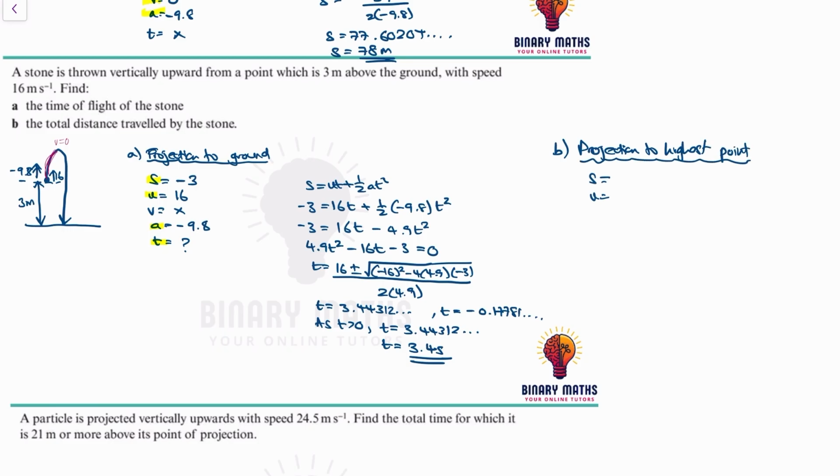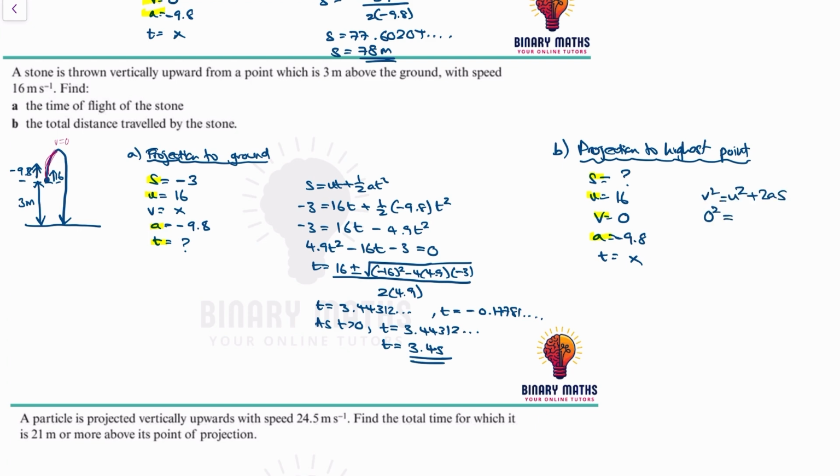S, U, V, A, and T. The S is what we're trying to find out. Initial speed is 16. Final velocity at the highest point is 0. Acceleration is minus 9.8. And T we don't know. So we've got S, U, V, A. That means V squared is equal to U squared plus 2AS.